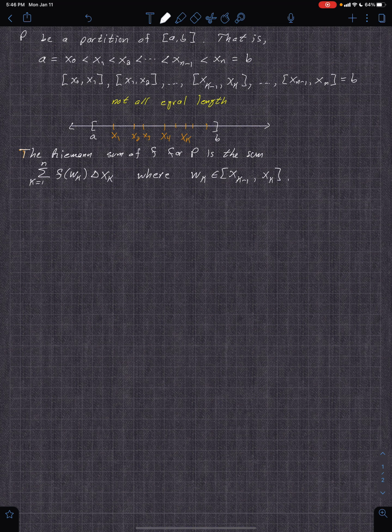Okay, k goes from 1 to n, and delta x sub k is equal to that difference: x sub k minus x sub k minus 1. That is what we call the length of the kth interval.